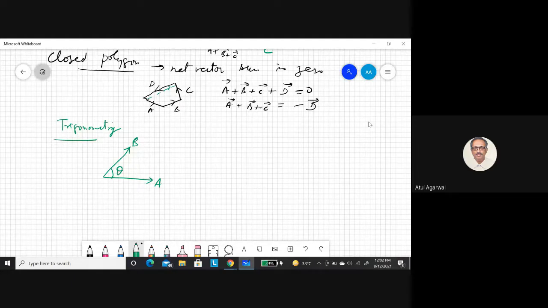How will you find the vector sum? So you can say these are coordinate axes x and y. I told you that the vector sum will be given by the diagonal of this parallelogram. This is your a plus b.